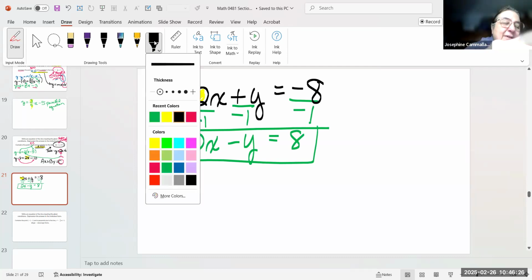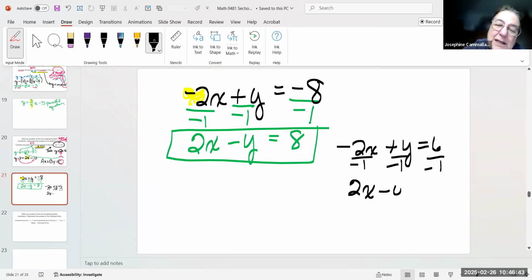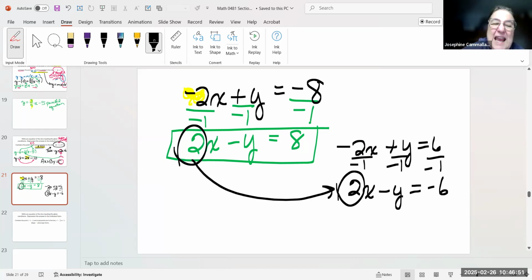Because we were given negative 2x + y = 6. If I divide by negative 1, 2x - y = negative 6. This slope and this slope, or these a's, are the same. They're the same. Okay.